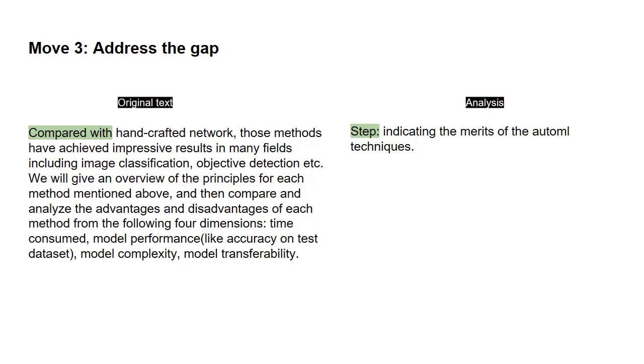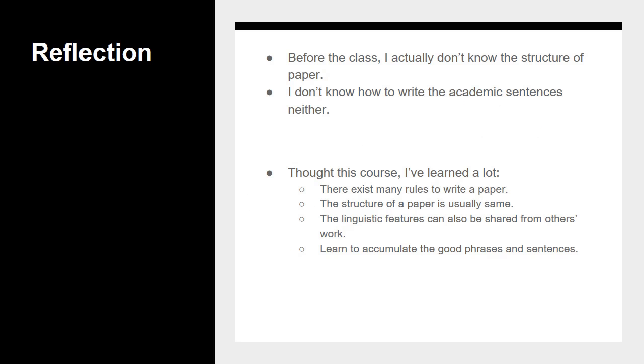This paper will also summarize AutoML in terms of four aspects: time consumed, model performance, model complexity, and model transferability.